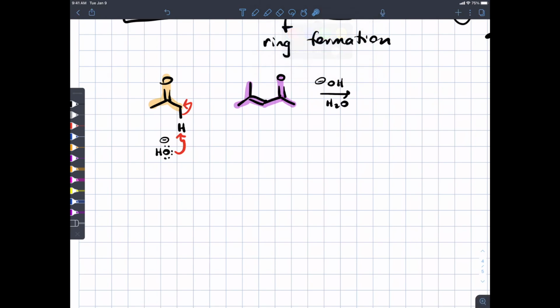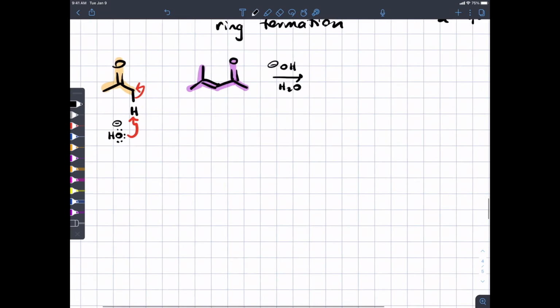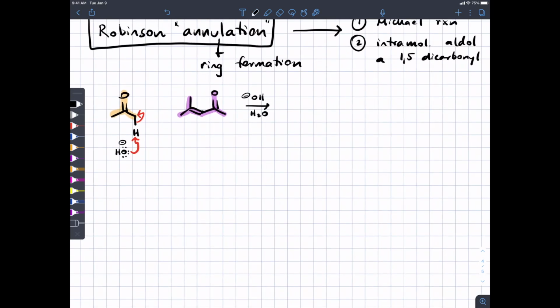The answer is you could definitely remove that alpha proton, but its removal and anything that might happen with that enolate would lead to not the most stable product. This process is an equilibrium process, and it's going to lead to the most stable product, which in the end is going to look like this.